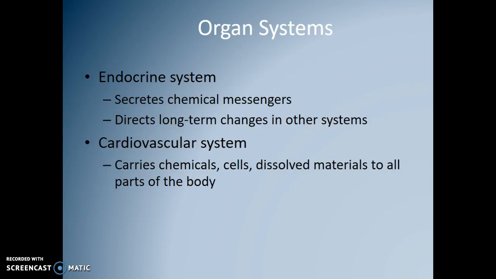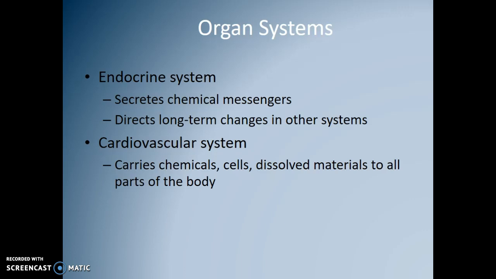The endocrine system secretes chemical messengers. You probably know some of your glands, the pituitary gland, the thymus, the thyroid, the pancreas, the adrenal. These hormones that are secreted are called chemical messengers, and they are for long-term changes. The nervous system directed very quick, rapid, short-term changes.